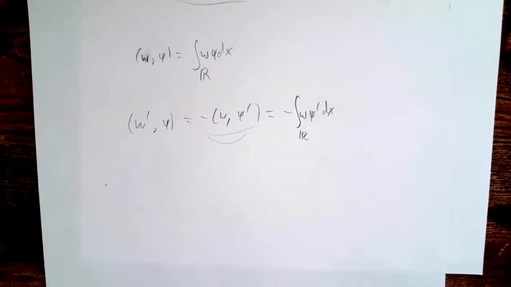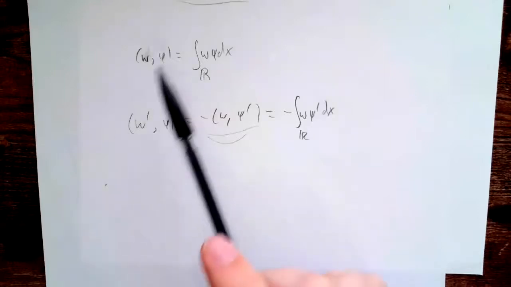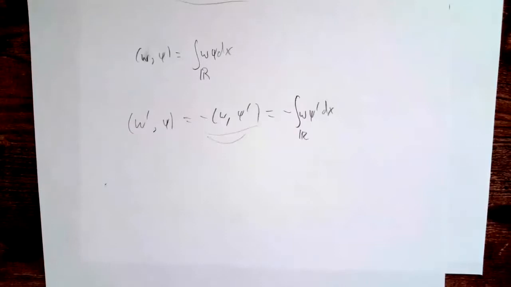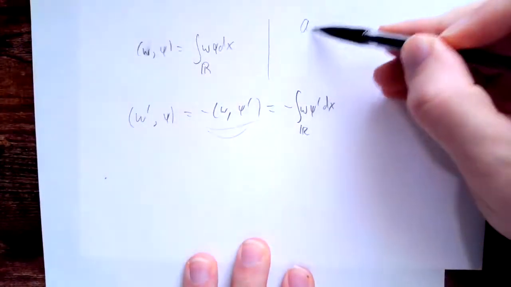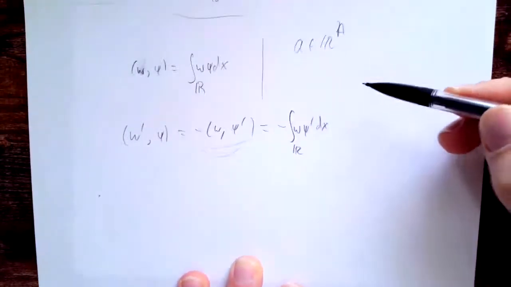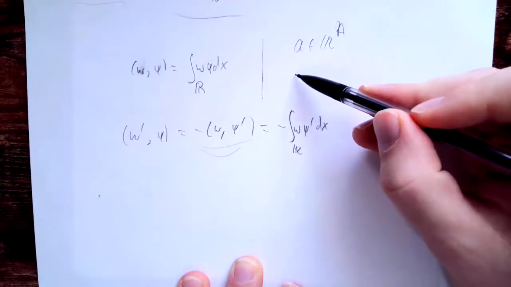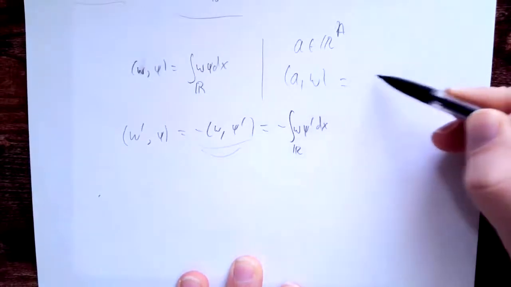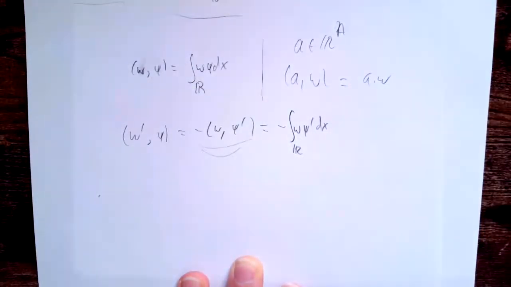If W is L1 loc, you may regard W as a distribution through the following formula: W applied to psi is equal to the integral of W times psi. Just integrate. In the same way that if you have A inside R^n, you may regard A as an element of the dual space through the mapping A applied to W equals A dot W. That's the analogy I was trying to draw at the beginning of class.